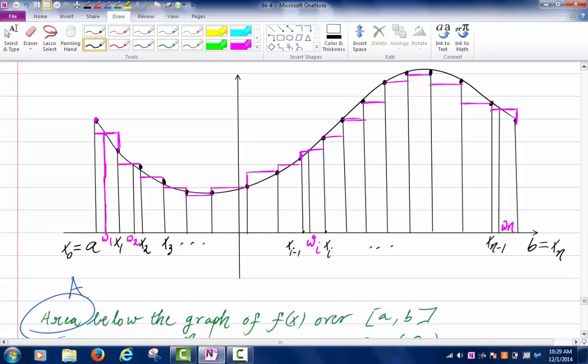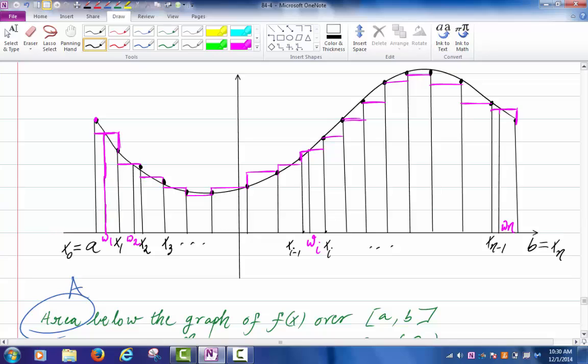How many sample points do I pick? I pick n sample points, right? So W1 is my first sample point. In the Riemann sum, what's the first term? The first summand is f of W1 multiplied by delta x1, right? f of W1 is the height of the graph at W1, and delta x1 is the length of the first subinterval.